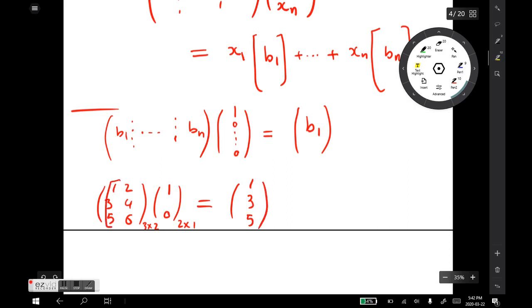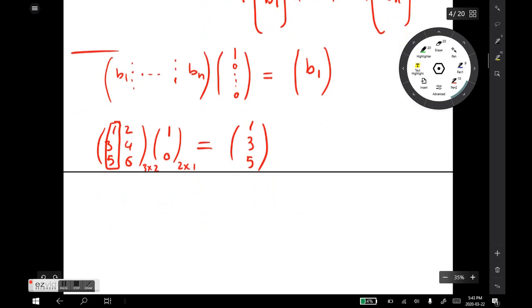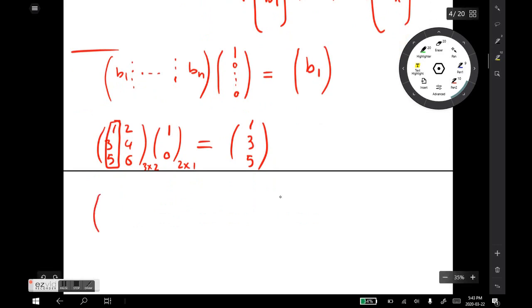So if I multiply the same matrix B, with columns B1 to Bn, by x1, 0, 0, it gives us x1 times B1, right? We all agree.